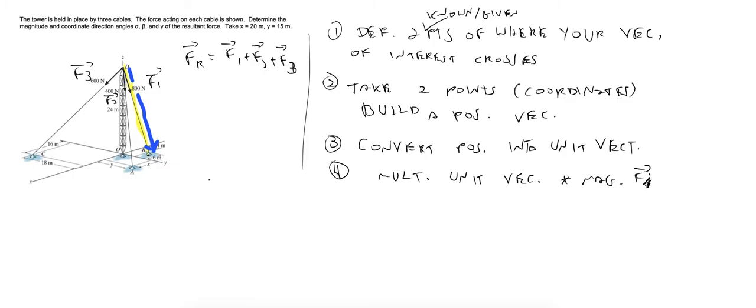So in order to make it useful, we convert it to what's called a unit vector. The unit vector allows us to extract the direction of the position vector, and because it's a unit vector, it has a magnitude of 1. When we multiply something by something with a magnitude of 1, we get that something back, just in different proportions.